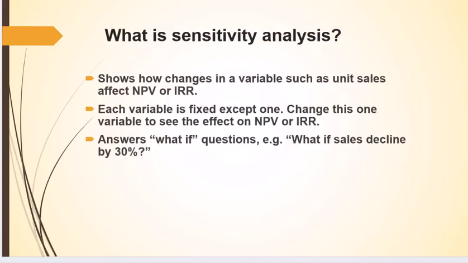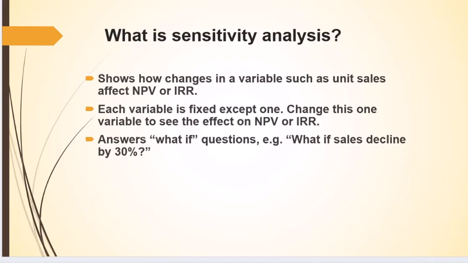So how do we measure risk then? Well, the first thing we want to look at is sensitivity analysis. So what is sensitivity analysis? We actually used this in a previous video when we talked about the net present value profile. In this case, we're going to look at changes in net present value or the internal rate of return when we change a single variable.